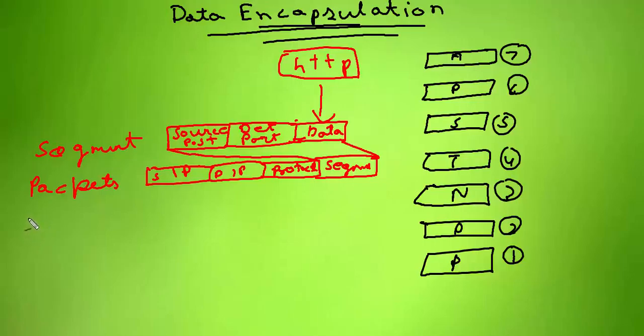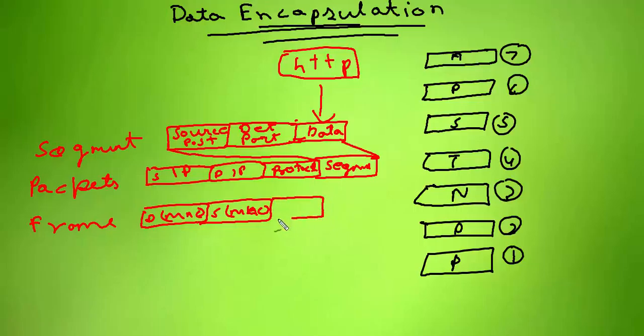After that packet, then we have frames. In frames we have the destination MAC address, source MAC address, the EtherType field, then our packet, and the frame check sequence.